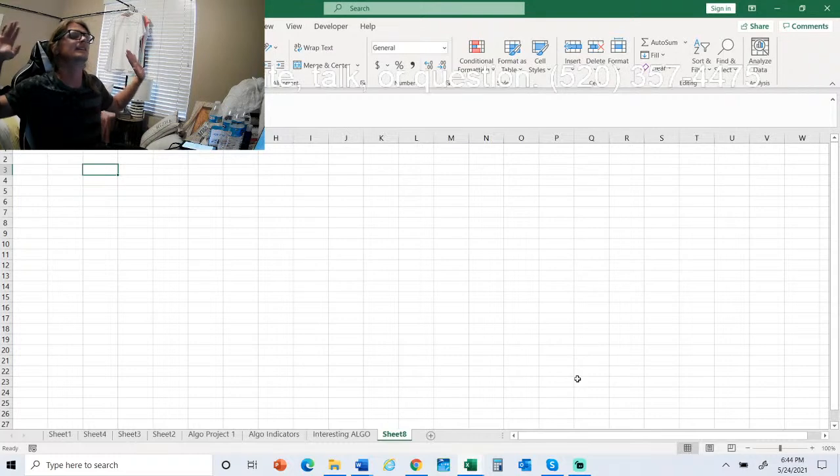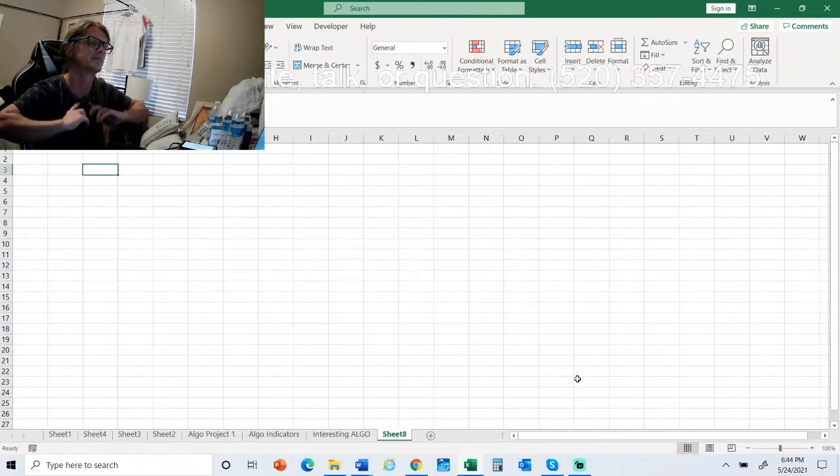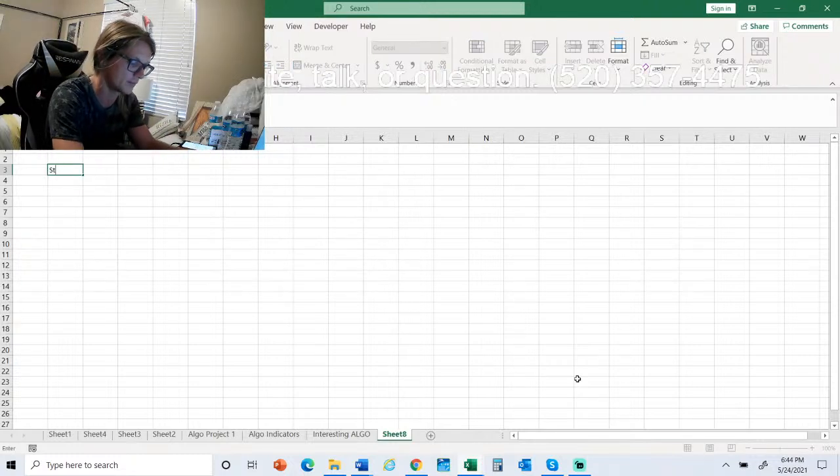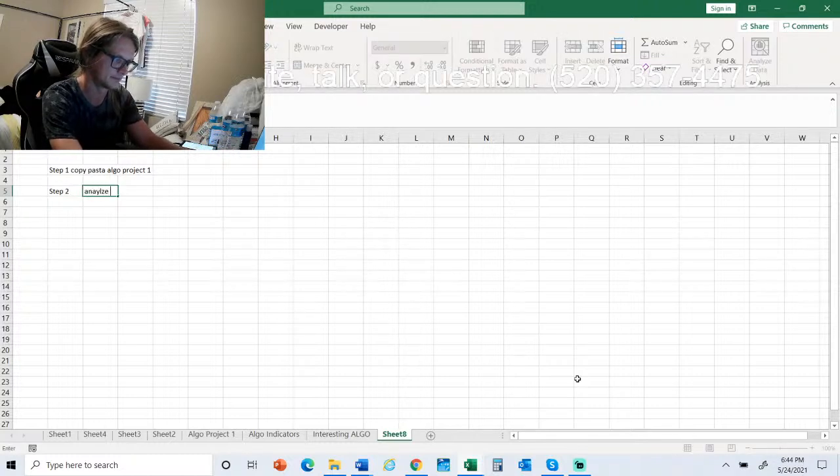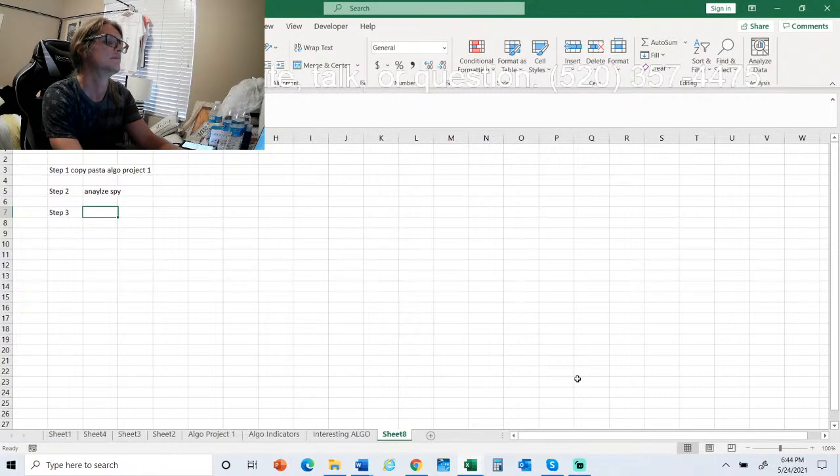All right, so if I'm doing a credit spread on the SPY, first thing I need to do. Step 1, copy-paste algo project 1. Step 2, analyze SPY. Step 3, pull all expiration days.